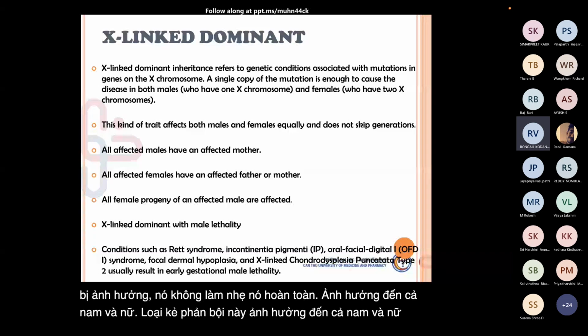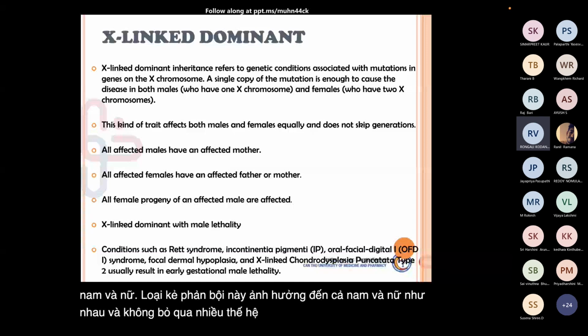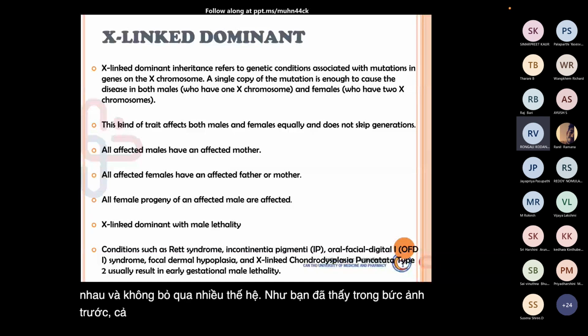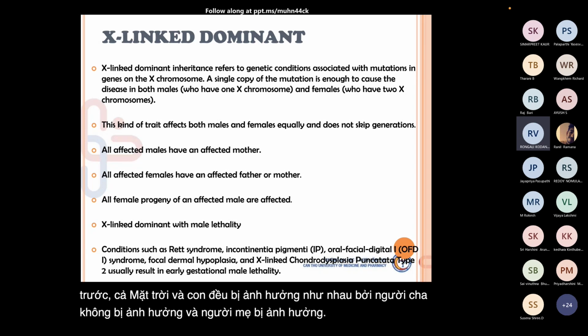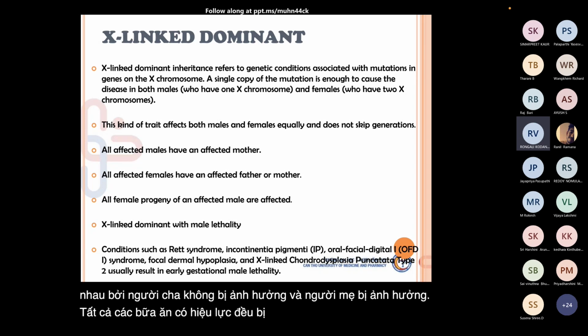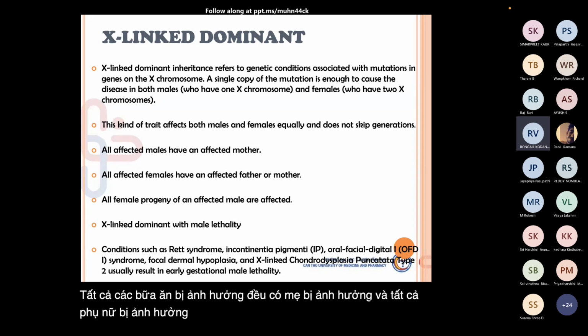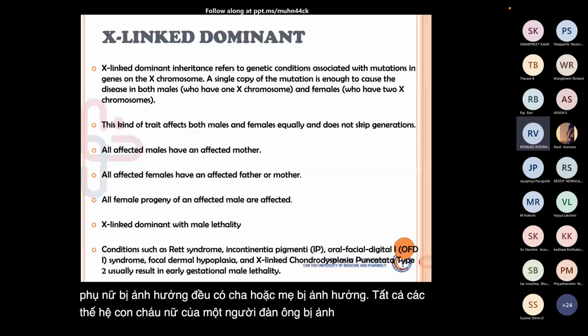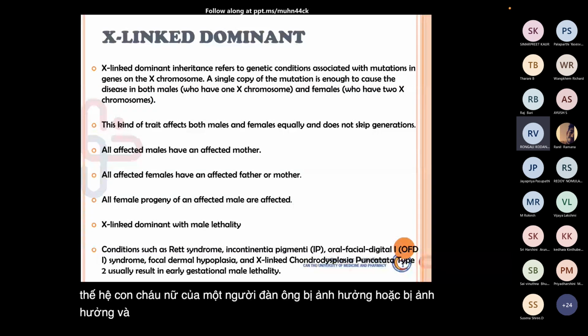As you saw in the previous picture, both the son and the daughter are equally affected by their unaffected father and affected mother. All affected males have an affected mother, and all affected females have an affected father or mother. All female progeny of an affected male are affected in X-linked dominant with male lethality.